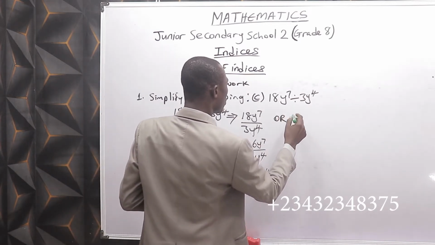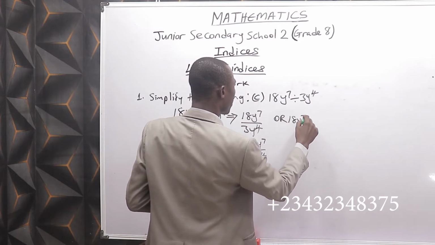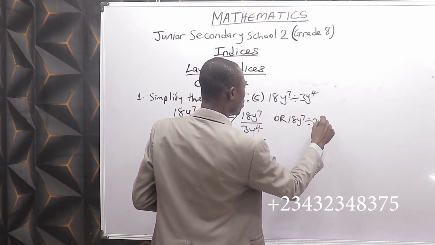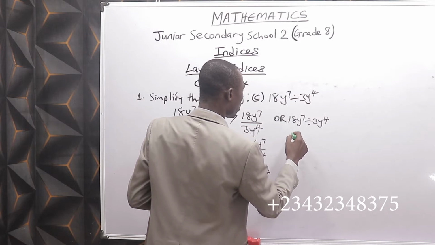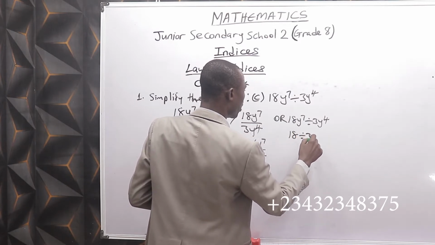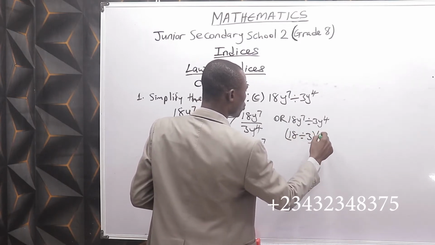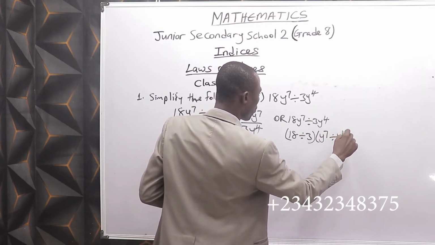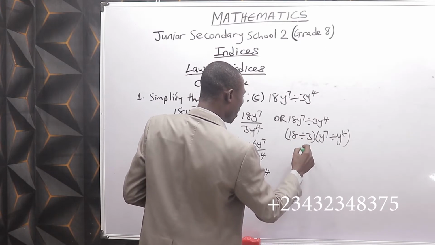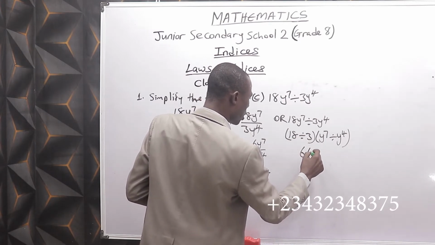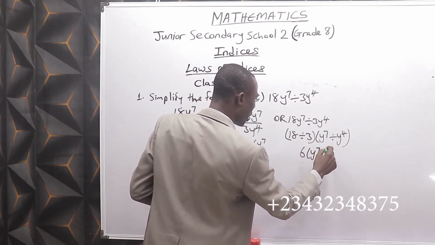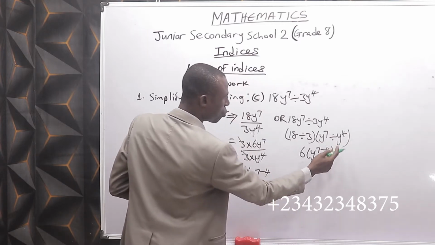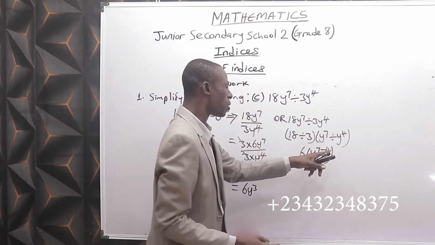Or we have 18y raised to power 7 divided by 30y raised to power 4, which is 18 divided by 30 in bracket into y raised to power 7 divided by y raised to power 4. 18 divided by 3 is 6 into y raised to power 7 minus 4. Here we choose one of the common bases.